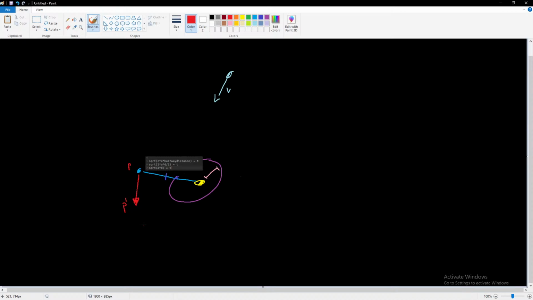Velocity times t, which is g squared with a and t, and then we can take p prime, and d is the length of the original p.